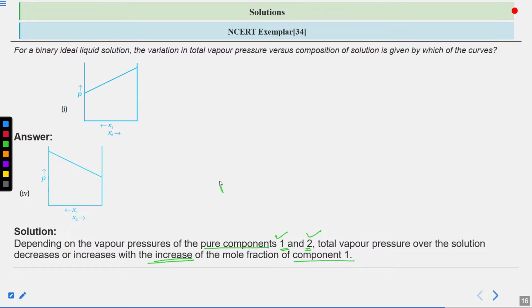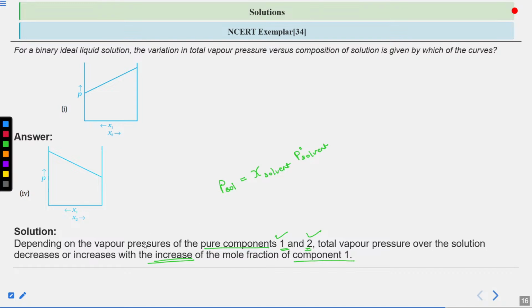Because the total vapor pressure of the solution is defined as the mole fraction of the solvent and the vapor pressure of pure solvent, P naught solvent. Okay, so you can define the vapor pressure of the solution as the product of mole fraction of solvent and the vapor pressure of pure solvent.